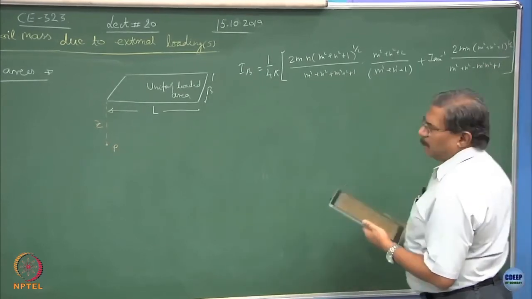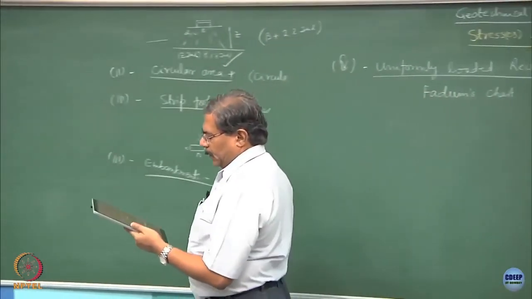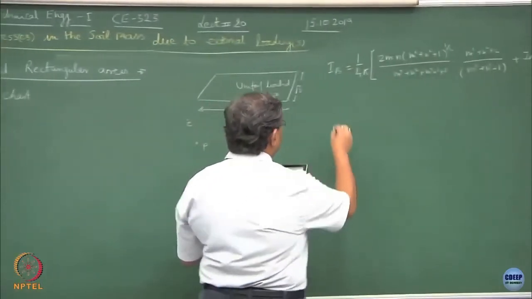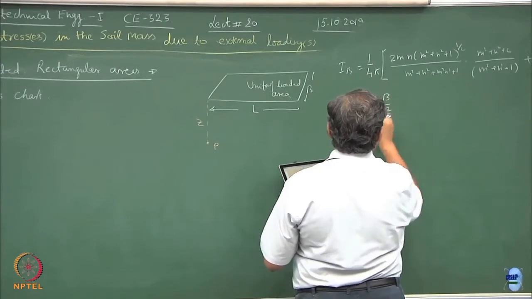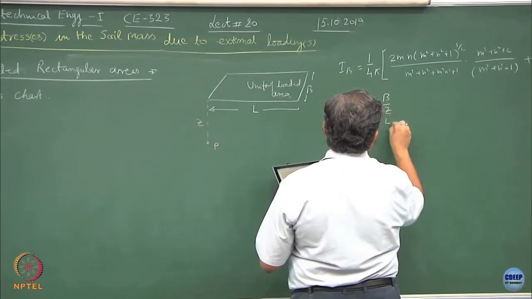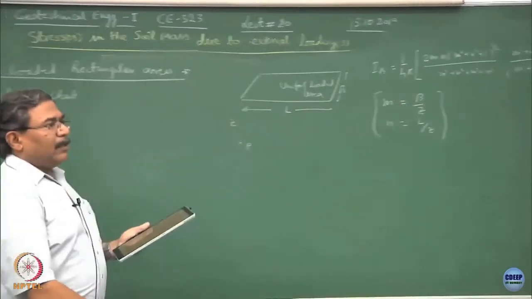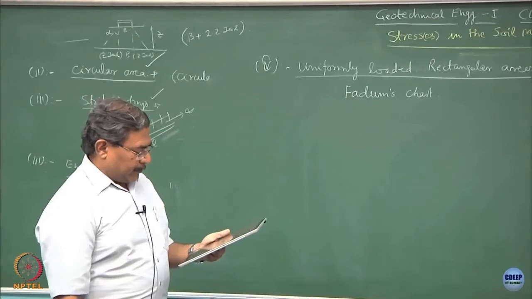Fine. So, please do not ever try to remember it, where m is equal to b by z and n is equal to l by z. It does not matter if you interchange b or l; it does not matter whether m or n get replaced or interchanged.